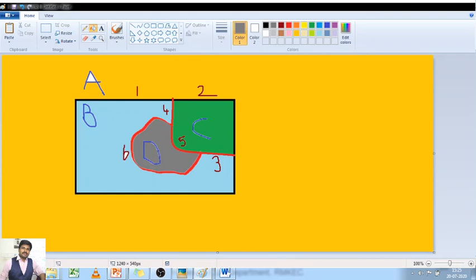Let all the borders be the same color. Okay, so this is your given question for now.